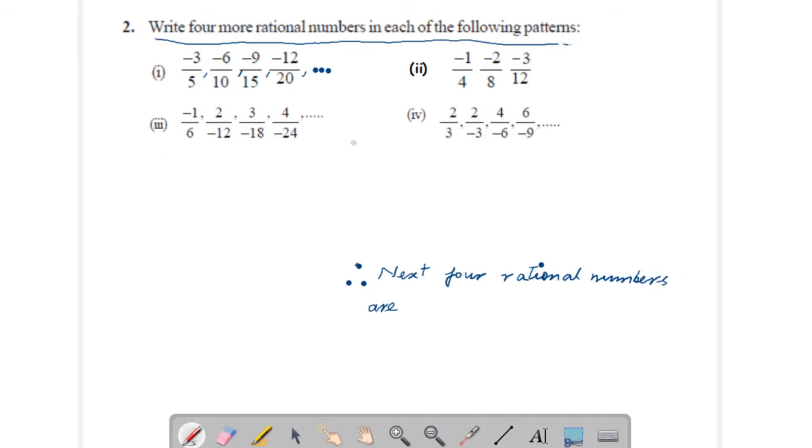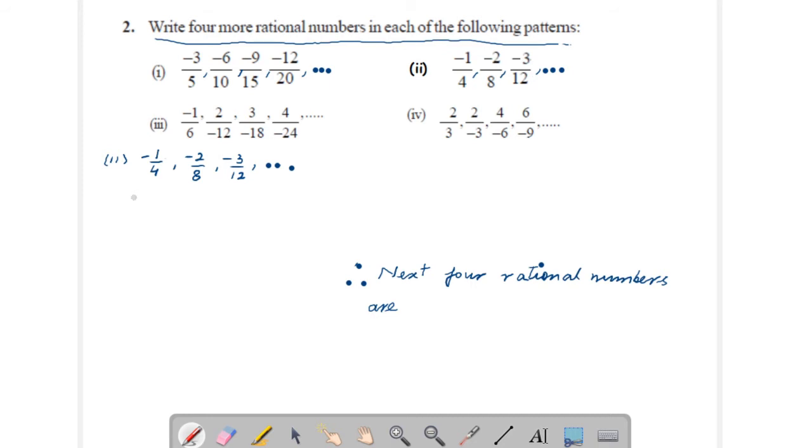Now come to the second part. It is minus 1 upon 4, minus 2 upon 8, minus 3 upon 12, and so on.